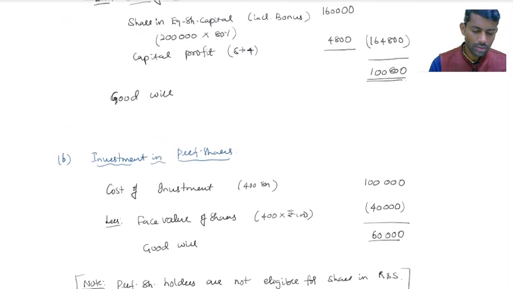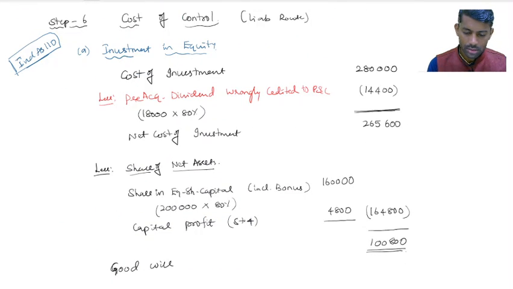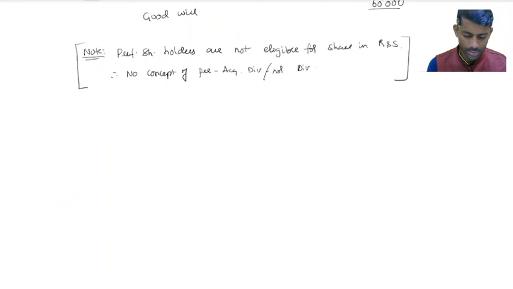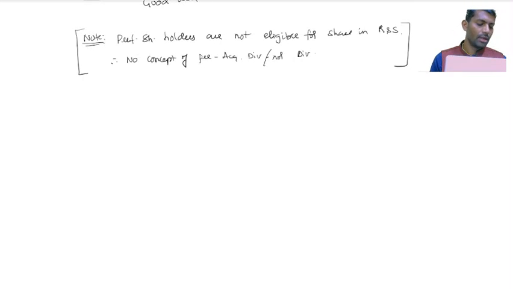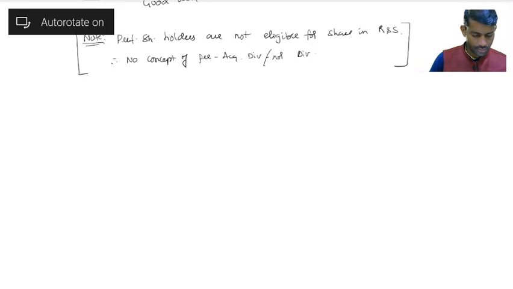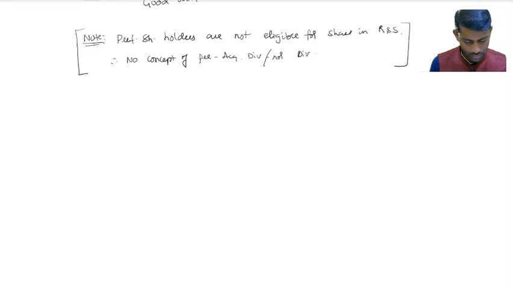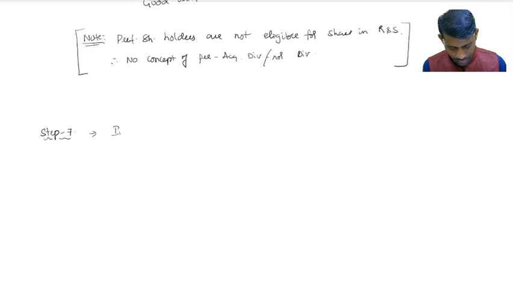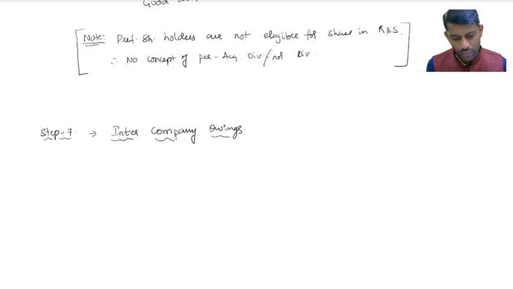So step number 7, intercompany owings. First one is debtor creditor.